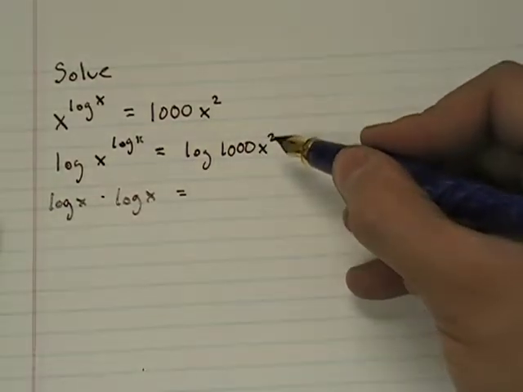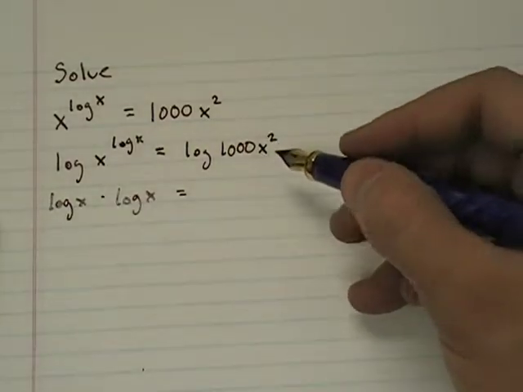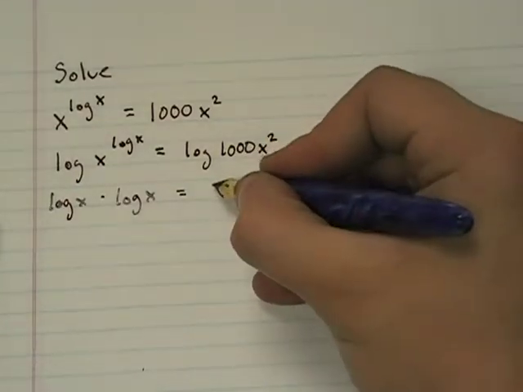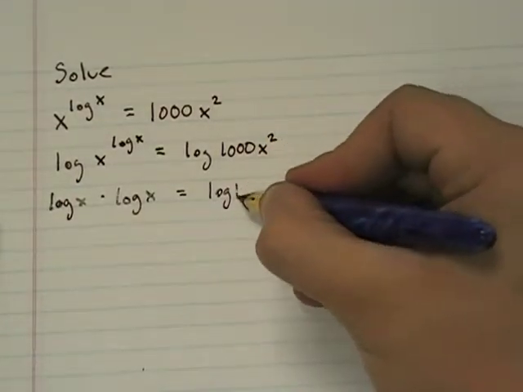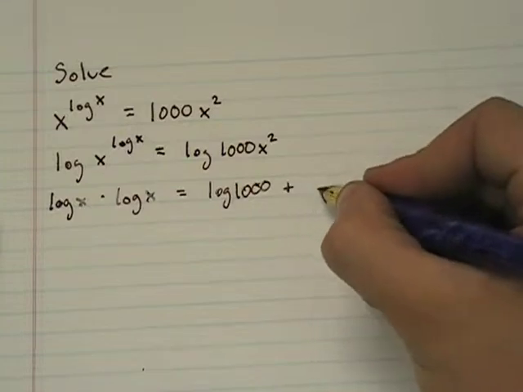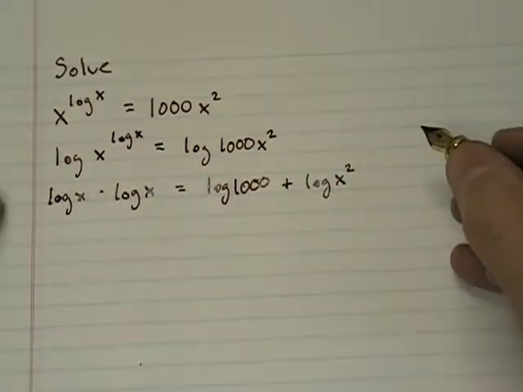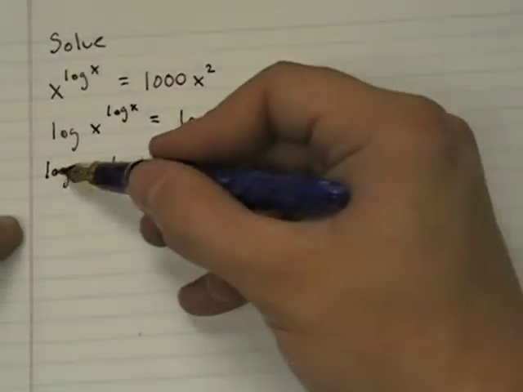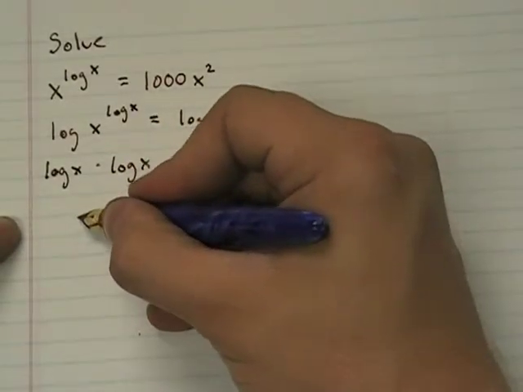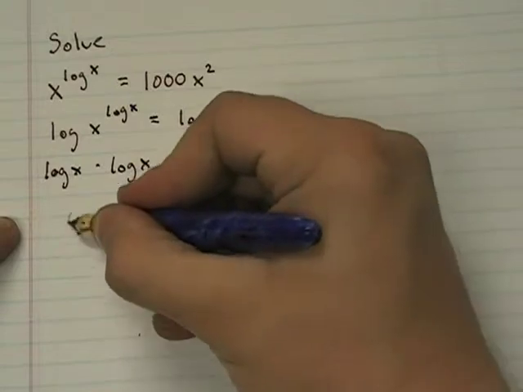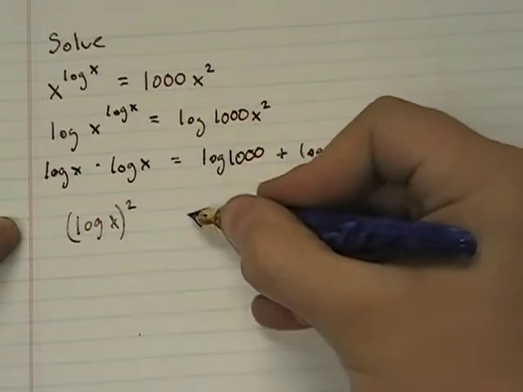And over here, I can use my product to sum rule, and I've got 1000 times x squared, so I can rewrite this as a sum, log of 1000 plus log of x squared. Okay? And of course, log x times log x, what's that going to give me? That's going to give me log x squared.